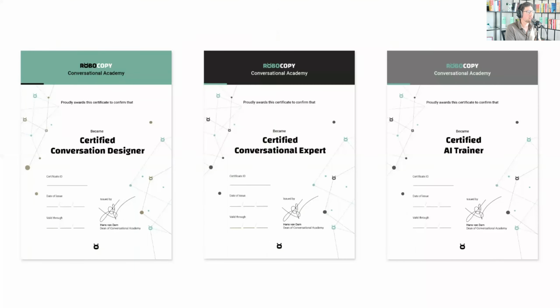So these 3 certificates are going to be launched. So we already have the conversation designer, and a lot of you in the call here today are certified designers. The next one is really the conversational expert, where the team goes through these steps and then the natural conversation comes out through sample dialogue, through Wizard of Oz testing.